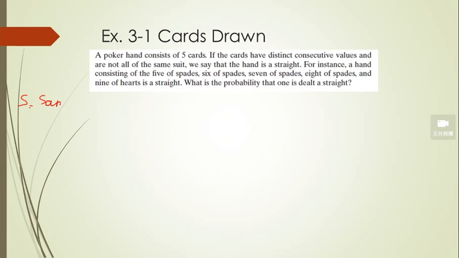So the sample space: 5 cards, choosing from... because one person only gets 5 cards out of the 52, right? 5 cards chosen from 52.